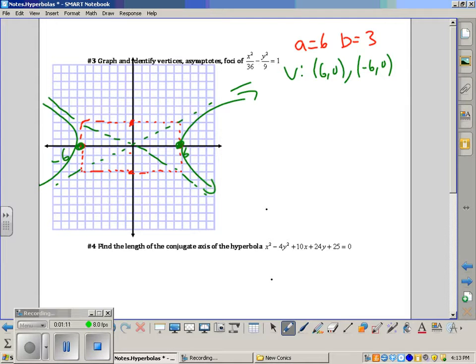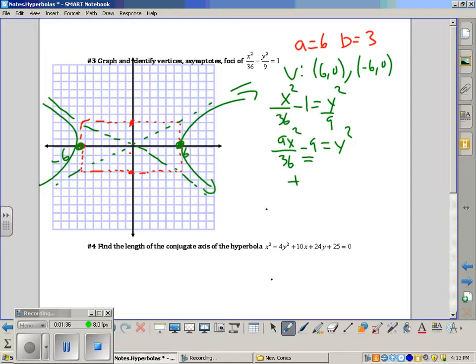The asymptotes, let's see, we want to solve for y. So we're going to get, again, when you plug in like a million or a huge number, the subtracting by 9 is really inconsequential.